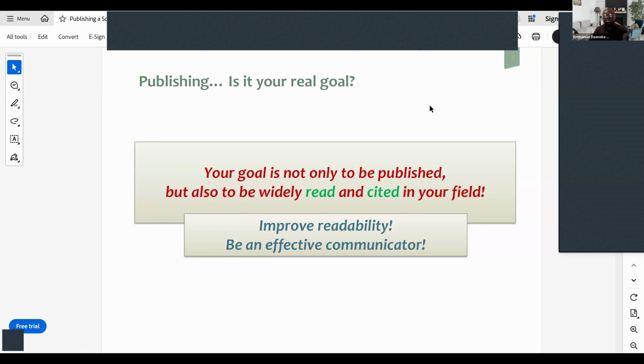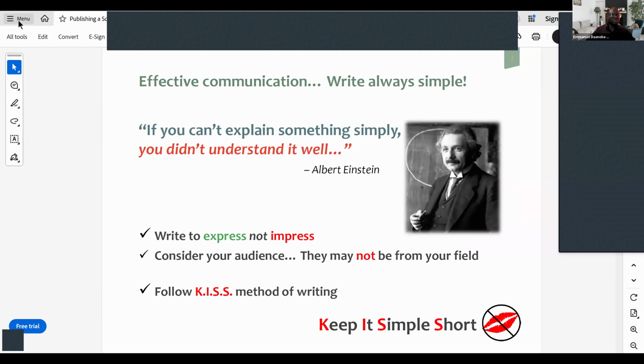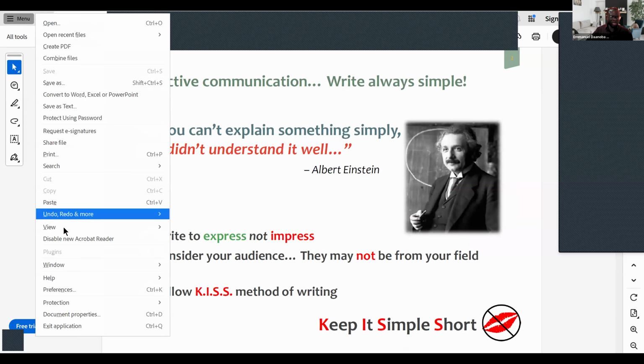So for you to get your work read and cited, you must improve the readability of your work. You should be able to communicate easily to people so that when they are reading your work, it is very easy for them. So let me just put it on slideshow here, full screen mode.